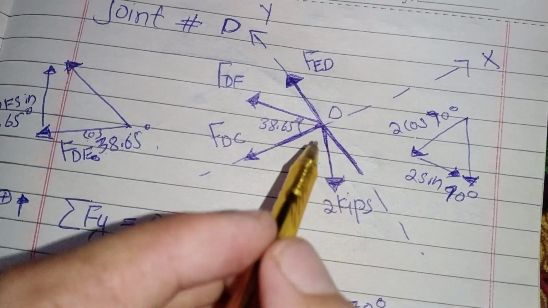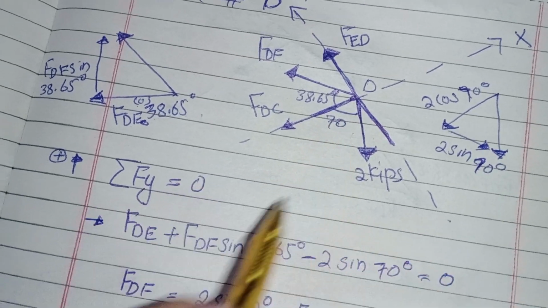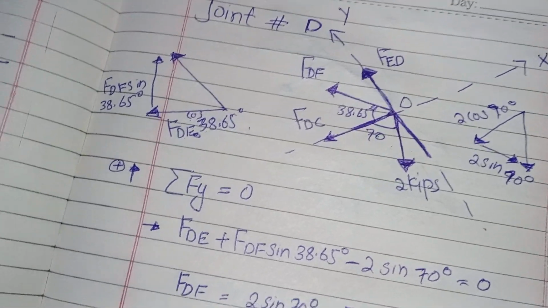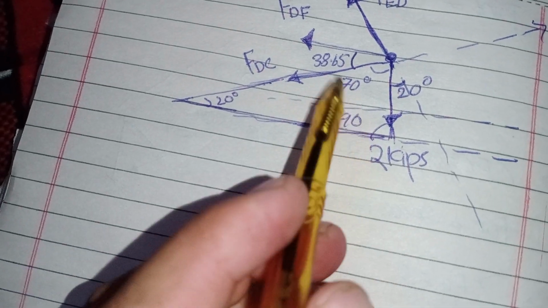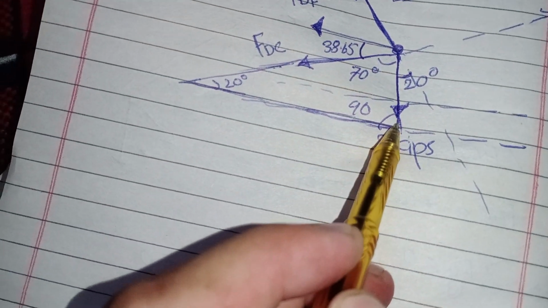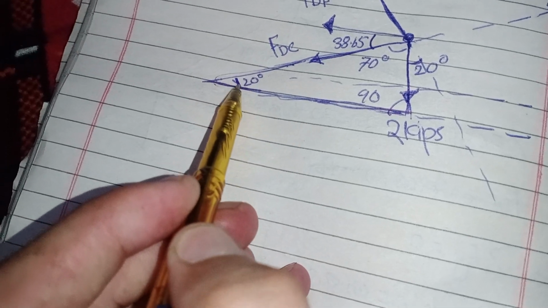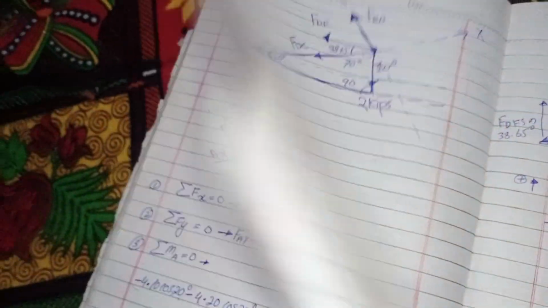So this angle is 70 degrees. How do I find this angle? I find it like this: if you draw a triangle with this truss, this is 20 degrees with the horizontal axis.